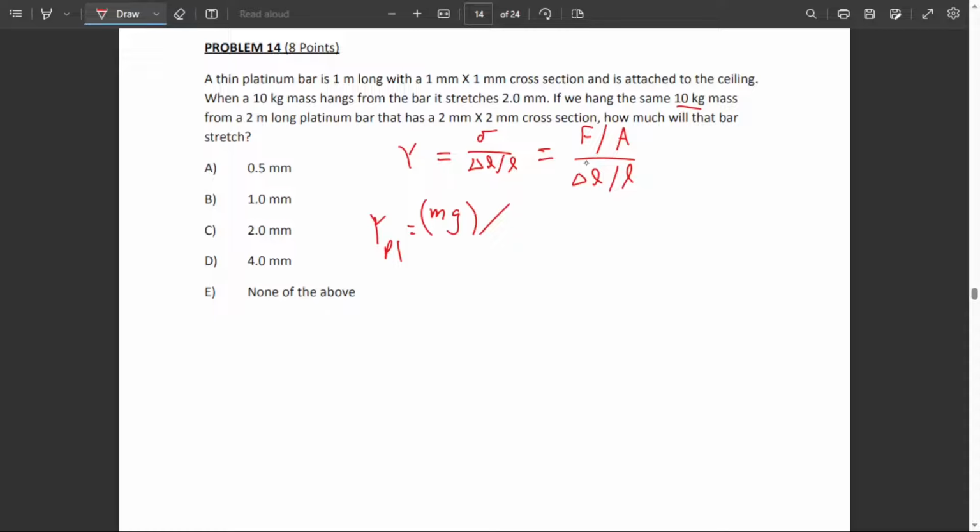The cross-sectional area is 1 millimeter times 1 millimeter. That's going to be 1 millimeter squared, or a millionth of a meter squared. And this is all over the change in length, which was 2 millimeters, or 2 thousandths of a meter, divided by 2 meters.